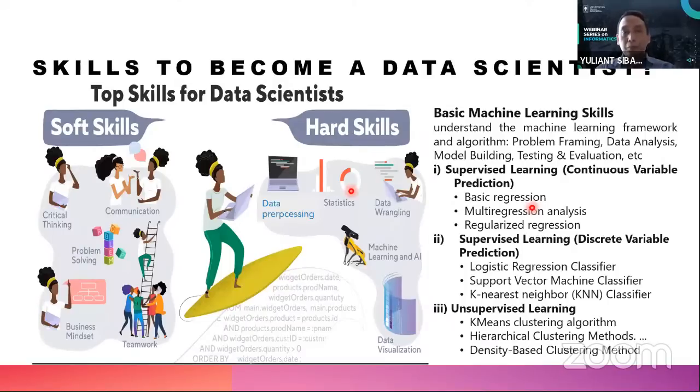The first is supervised learning for continuous variables. The second is supervised learning for discrete variables. And the third is unsupervised learning. These are examples of what methods are in each group.